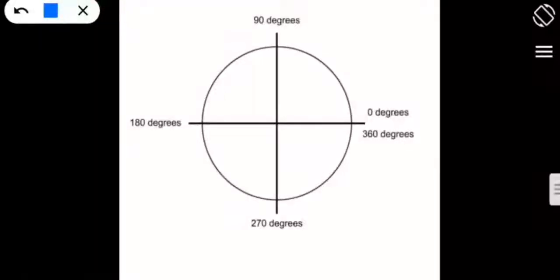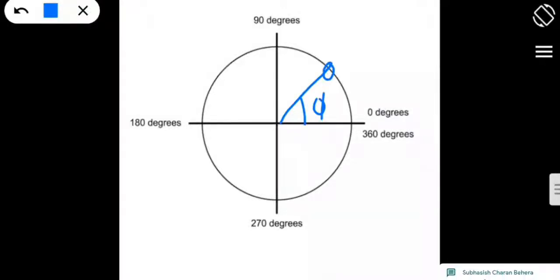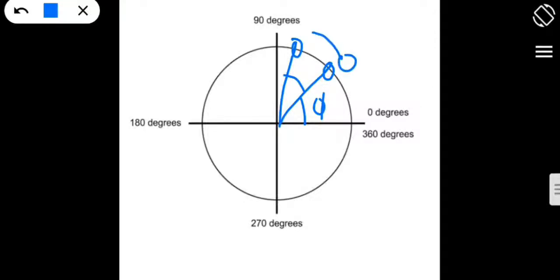Now suppose the particle has started from a point at an angle phi. It is going to this point. This angle is omega t, from the initial point to the final point.